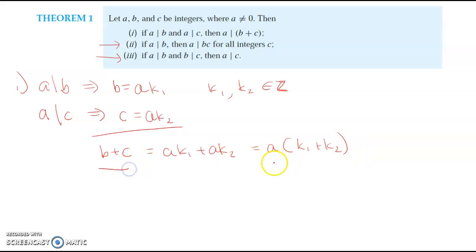So we have the conclusion: therefore, A divides B plus C. That's done. Please try to prove the second and third cases. It's very similar, as long as you set up the equations using the definitions. I think you can easily prove the remaining parts of Theorem 1.